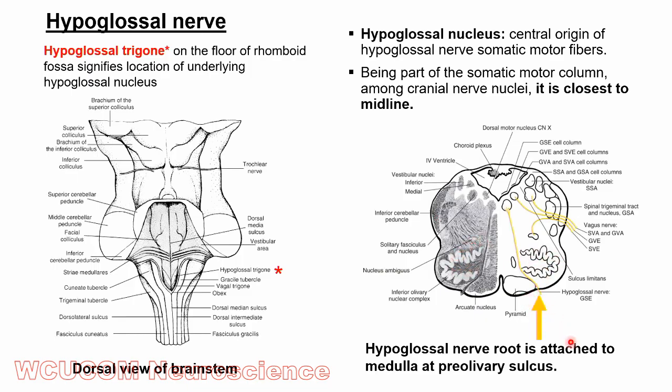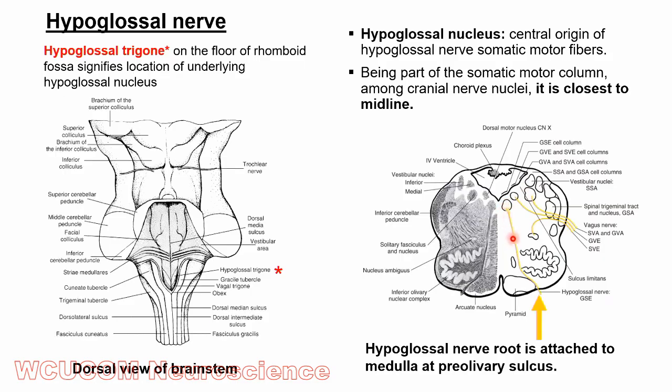And of course, when you see these other nerves, vagus and glossopharyngeal, they will be above and dorsolateral to that olive. So that's a very good hint too. But we're still looking at hypoglossal. So once again, it's closest to the midline. It comes down like this.